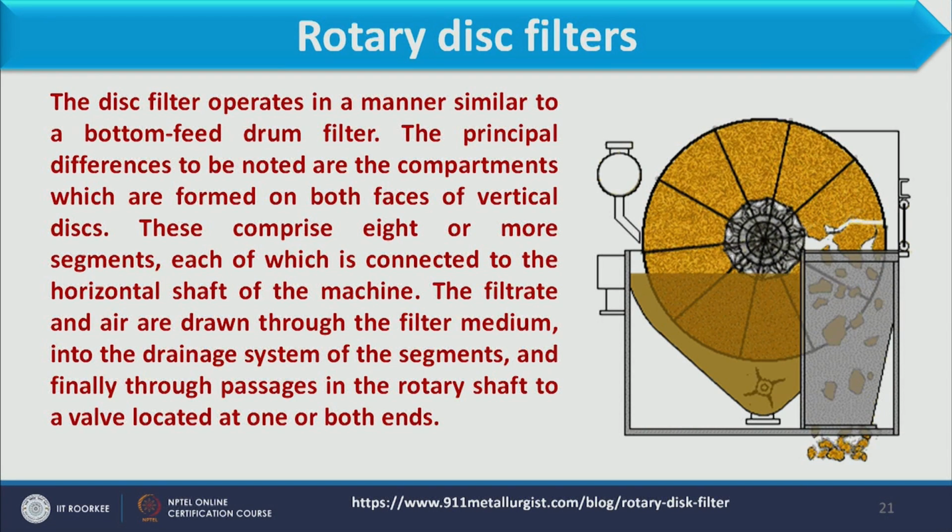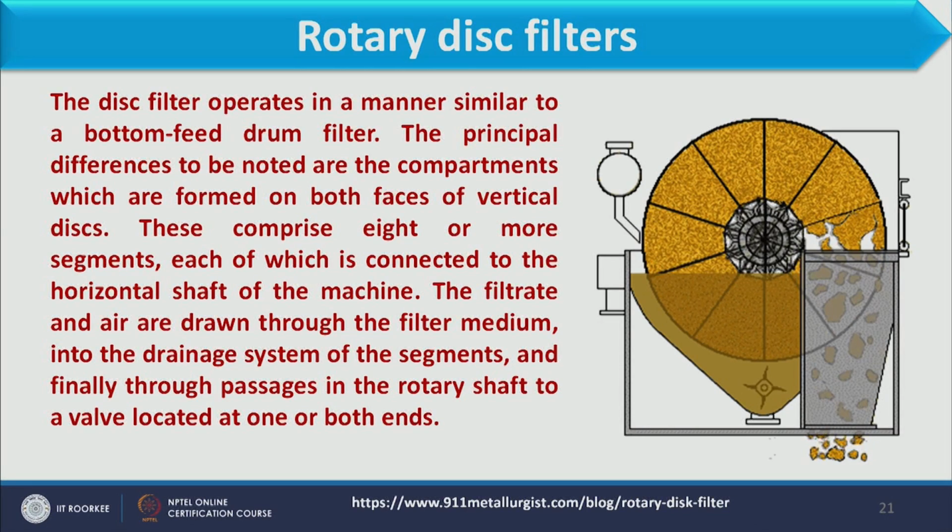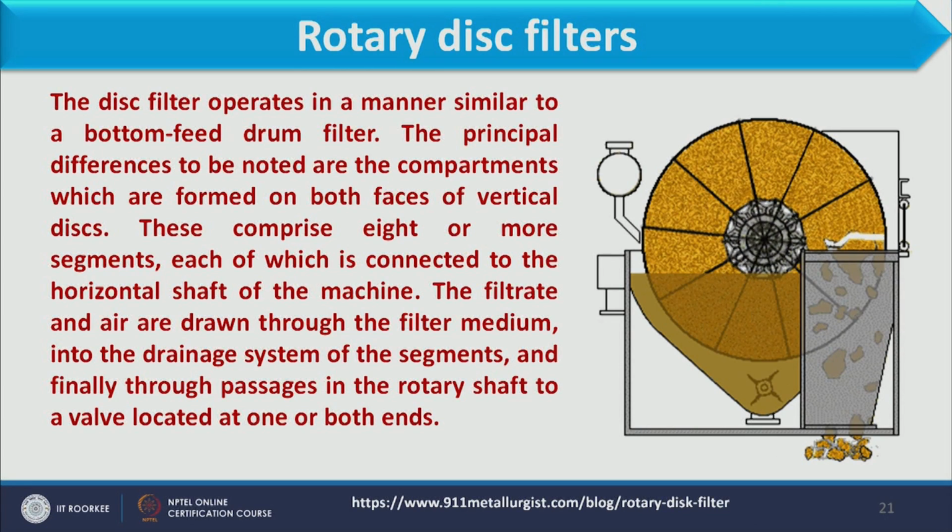It is also operated under vacuum, but as we have seen in the rotary drum filter, the cloth is available at the outer edge of the drum. However, in the disc filter, the cloth is covered onto the disc, and the discs are attached to the shaft very near to each other.